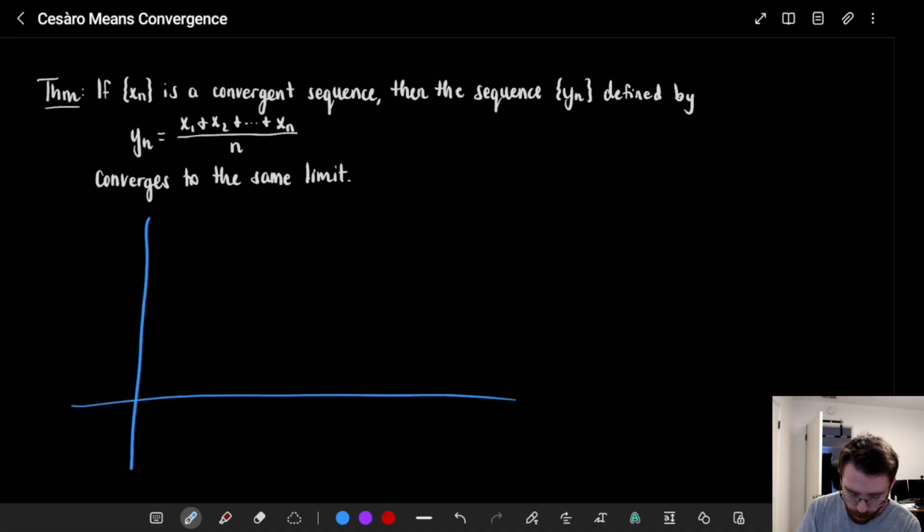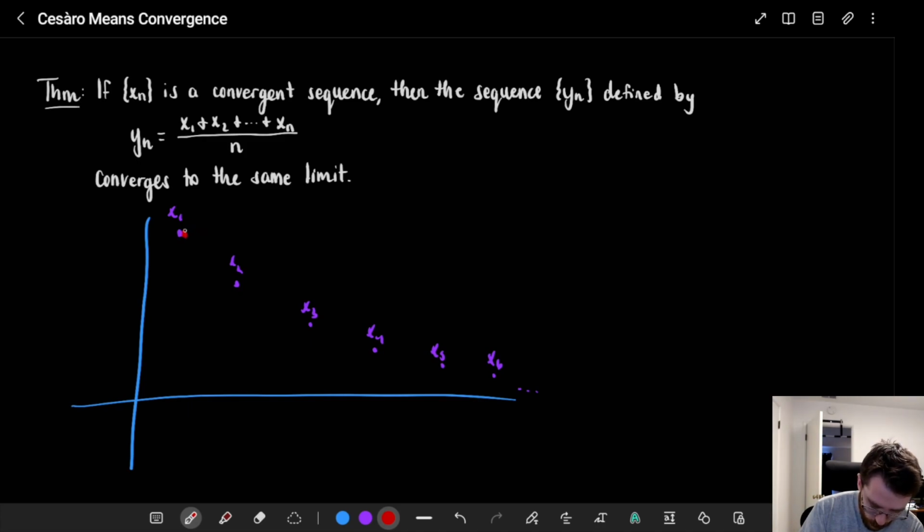But just pictorially, I suppose, if I were to put, let's say, purple dots down here for xn, so this is x1, x2, x3, x4, etc. And that keeps going and converges to some limit, hopefully. Then the sequence of means, the first term would just be x1 divided by 1.